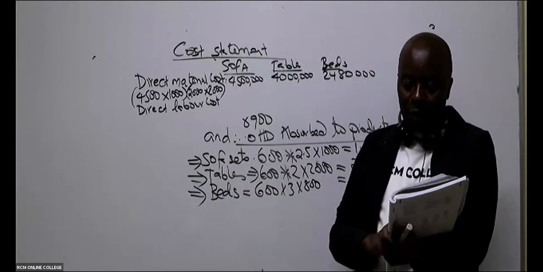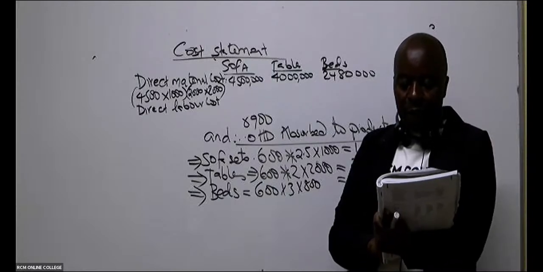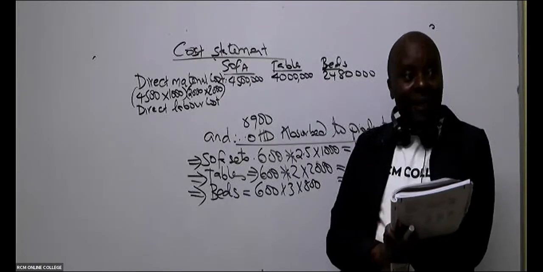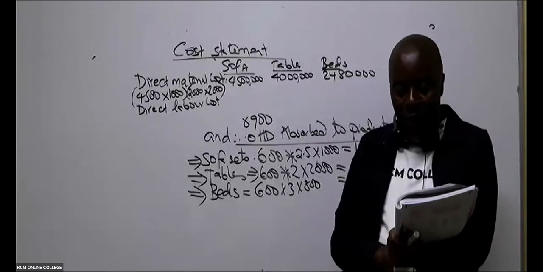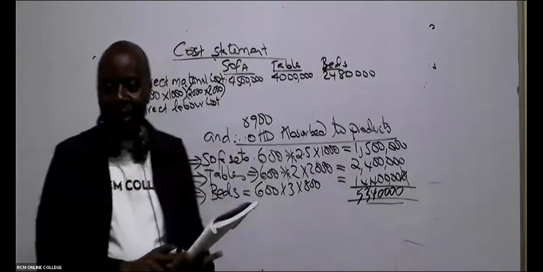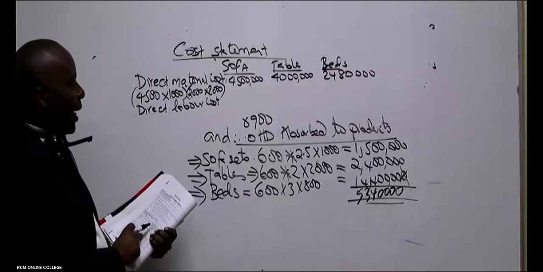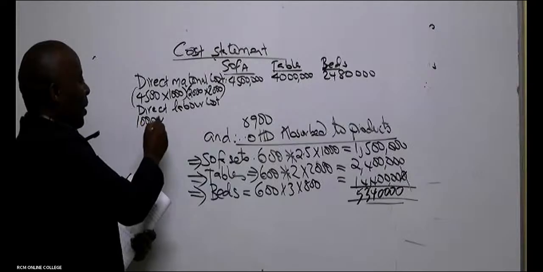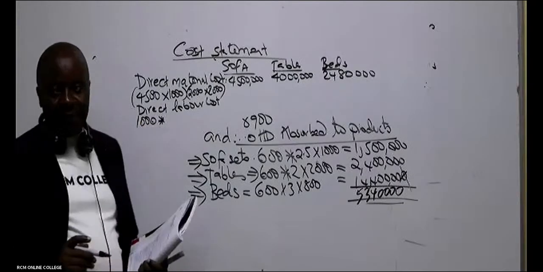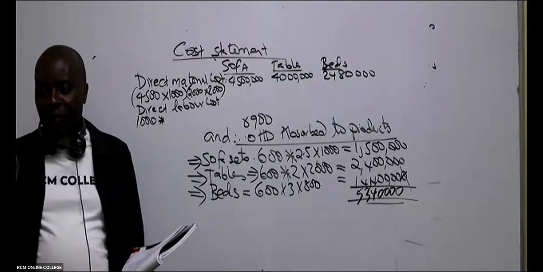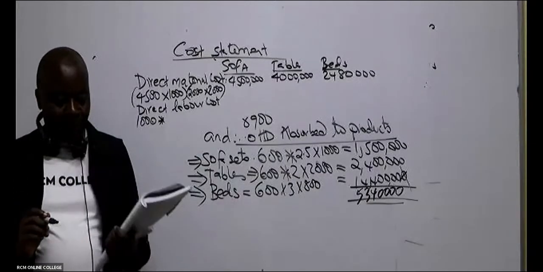Now, my good students, are you able to see what is the direct labor cost per hour? We have 1,000. Is that okay? And how many hours do we need for the sofas?